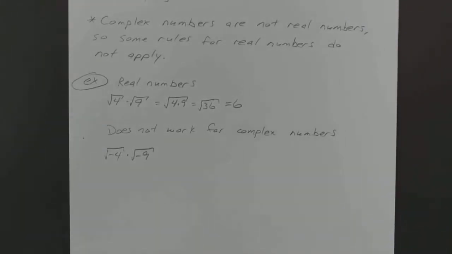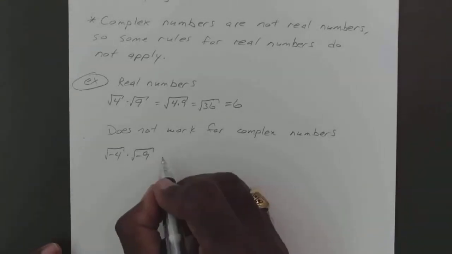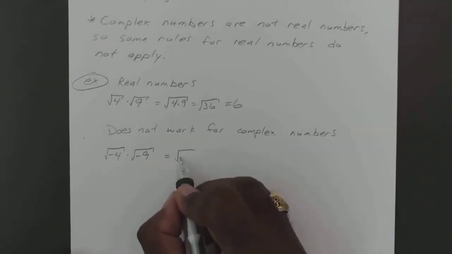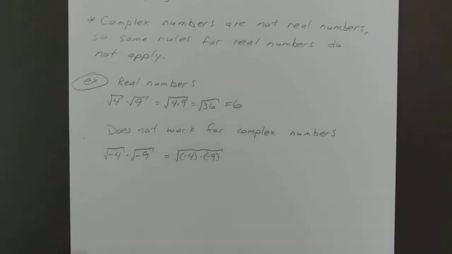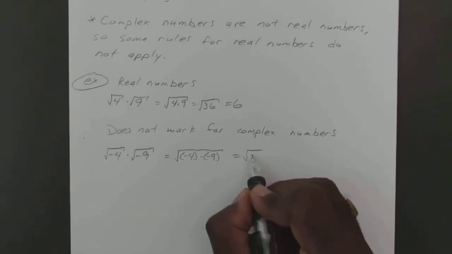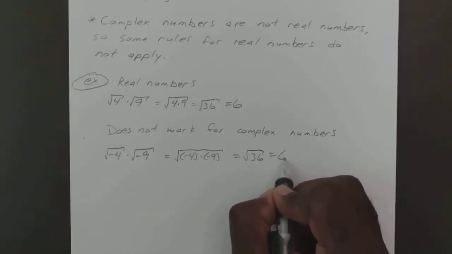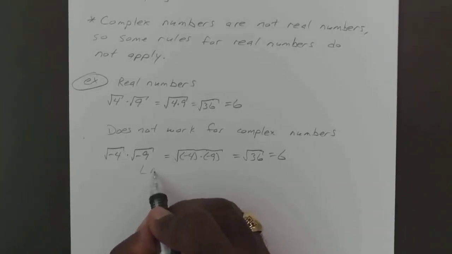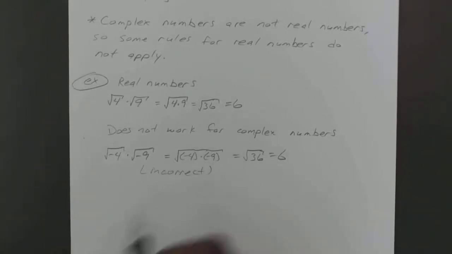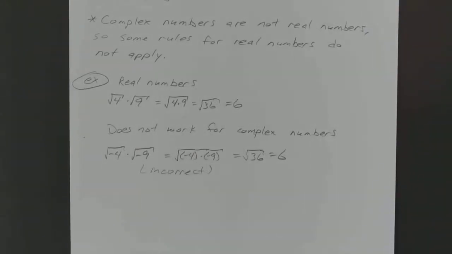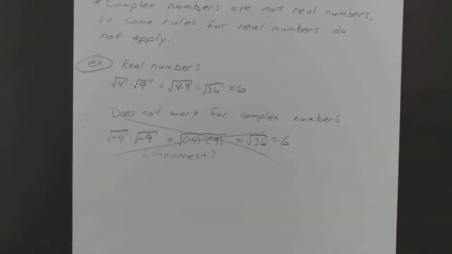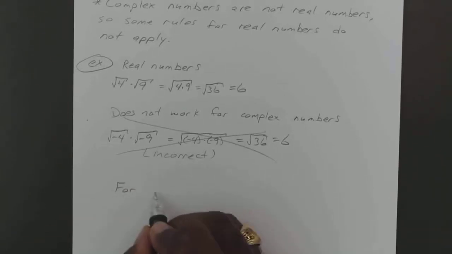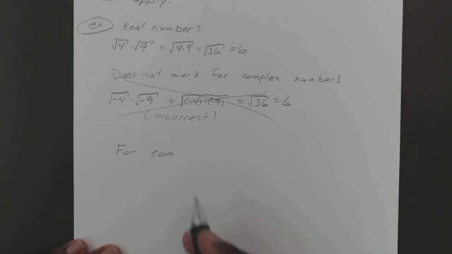If you brought them together using real number rules, that would be square root of negative 4 times negative 9, which would be square root of 36, which would be 6. And this actually is incorrect. Okay, we would do that if we had just real numbers. Okay, now for complex numbers, kind of draw a line through that for the incorrect.